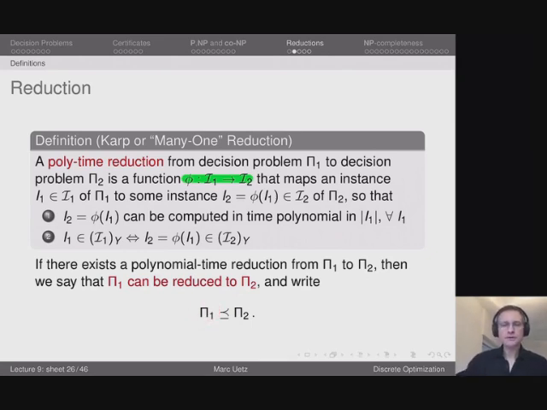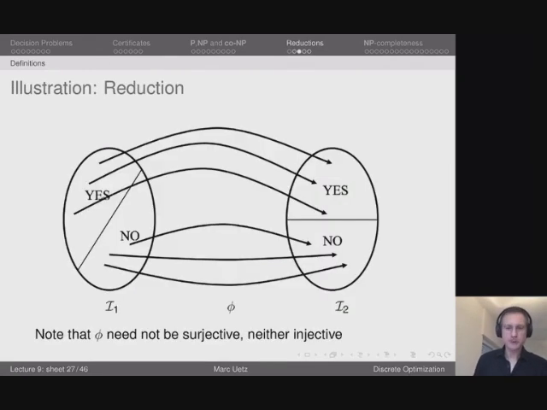Okay, so let me illustrate this definition or support this definition by a little picture here. If we have all the instances of problem 1 on the left-hand side and all the instances of problem 2 on the right-hand side, we map yes instances to yes instances, and that is if and only if. So that means no instances are mapped to no instances. Okay, so the two properties that this mapping φ has to fulfill is first of all polynomial time. So we have to be able to execute this function here in polynomial time.